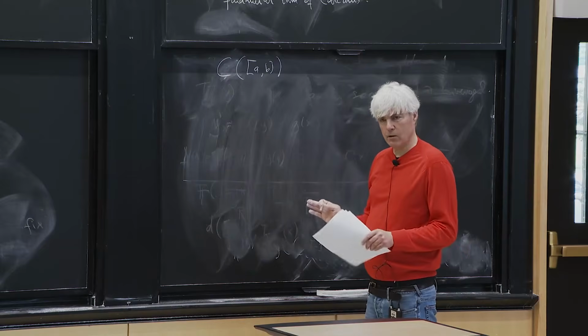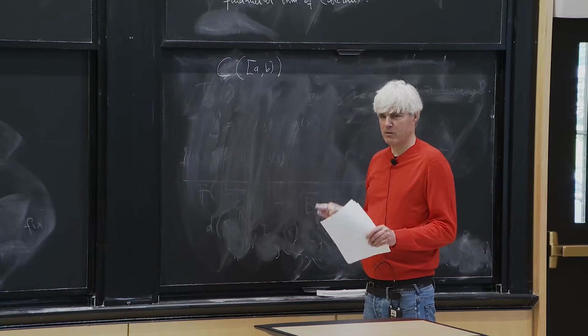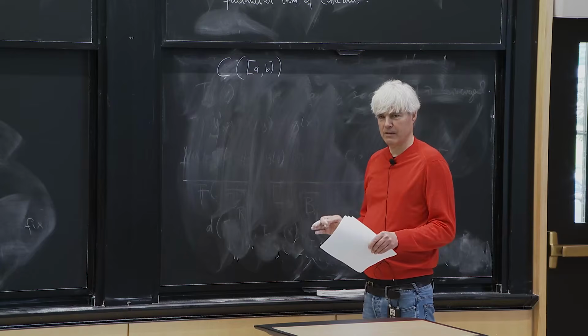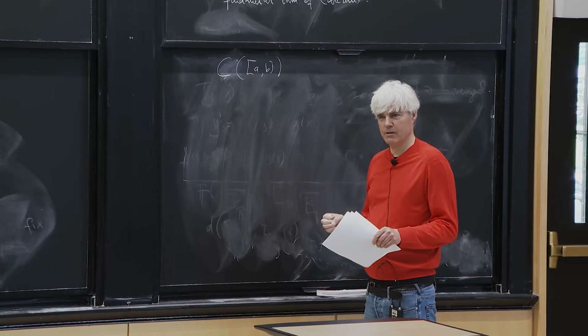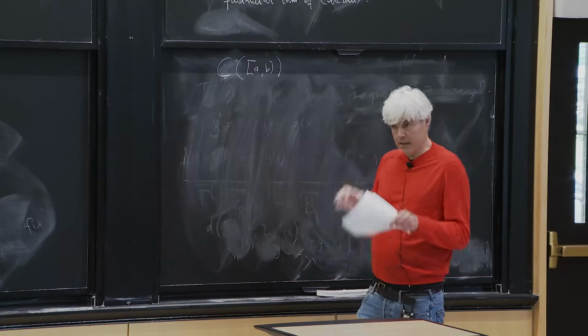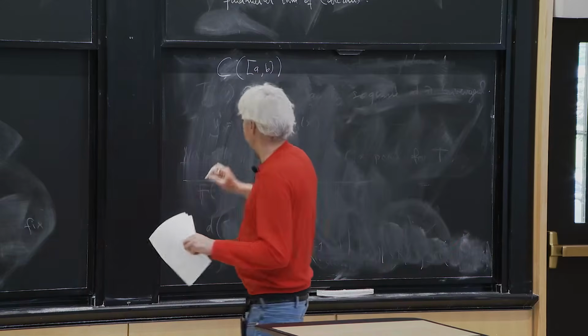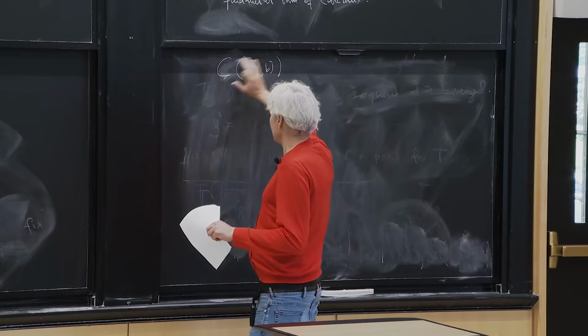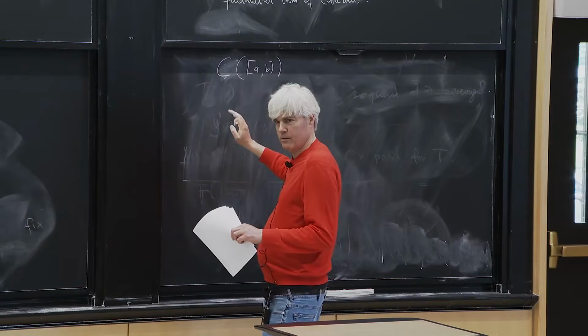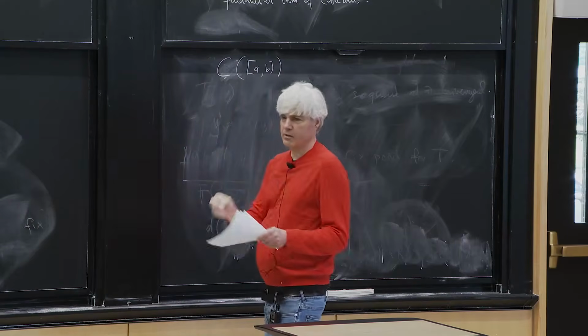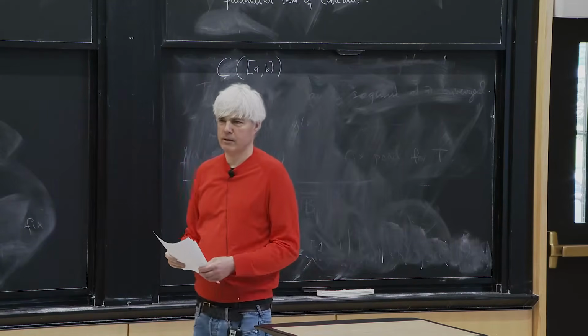But I'm not going to look at that space, because my map is not actually contracting on the space. It's contracting on a subset, and so I need that subset to be Cauchy complete.